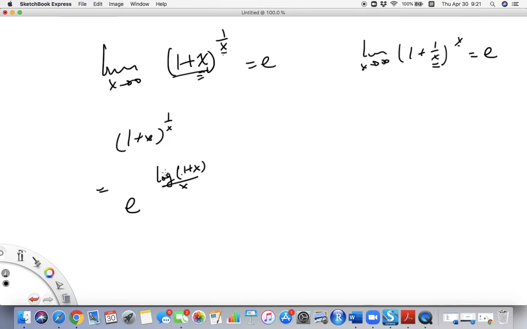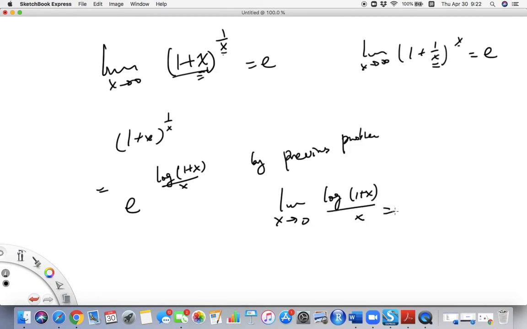Okay, so that way you only see x in the exponent. All right, so then by previous problem, we know that the limit as x goes to 0 of log of 1 plus x over x is equal to 1, right? So the exponent goes to 1, so if you take the limit, that goes to e.